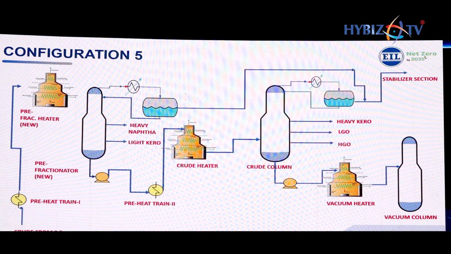The second configuration is where we will use a heater upstream of the pre-fractionator and check. The objective of doing this is to relieve the crude column as much as possible. That can be done only with one more heater upstream of the pre-fractionator, because that will give the lift required to relieve the traffic in the crude column. So this is also a good option, and these can also be tried.